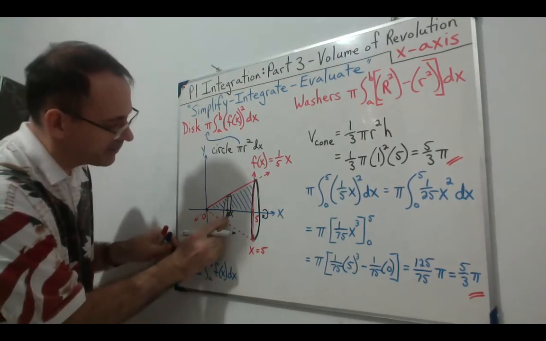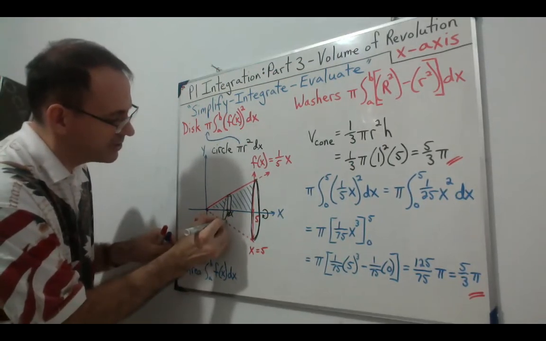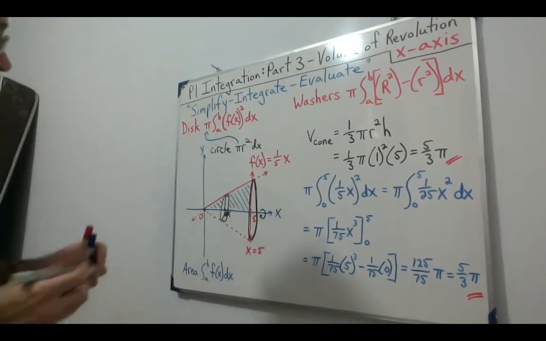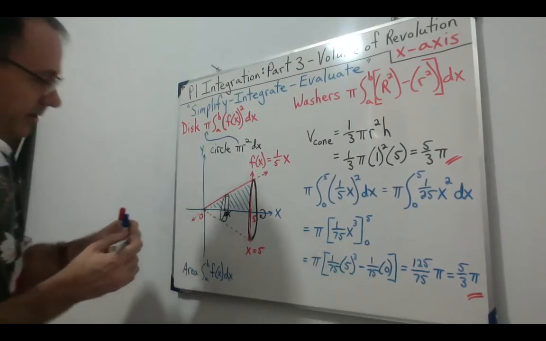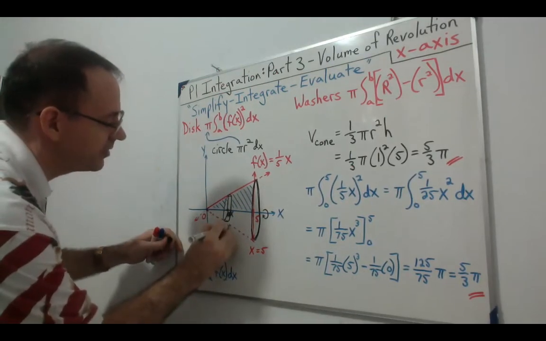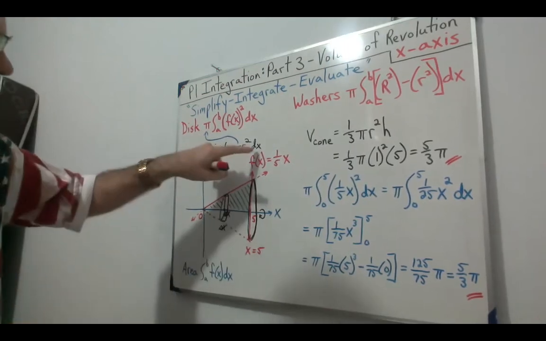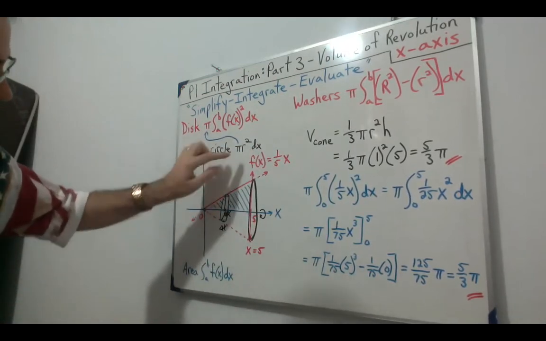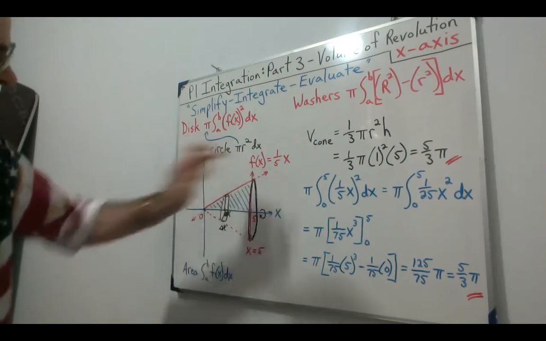And sorry, my dimensional drawing here, maybe that's a little better. Here, this disk is delta x wide. That's the thickness. And the circle here, the radius, is the function itself.